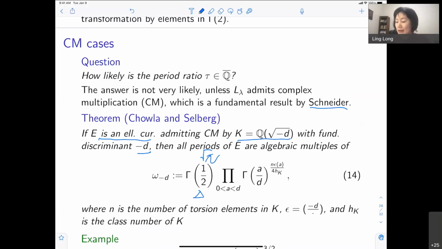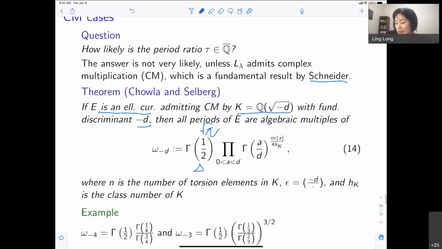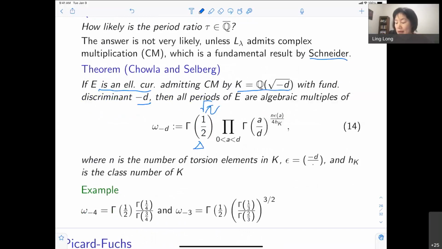Right? For example, using this formula, you can compute omega minus 4 will be this quantity over here, while omega minus 3 will be this particular quantity over here. Right? So you're going to see that in the very extreme CM case, the transcendental part of the periods has been described very explicitly by the Chowla-Selberg formula.